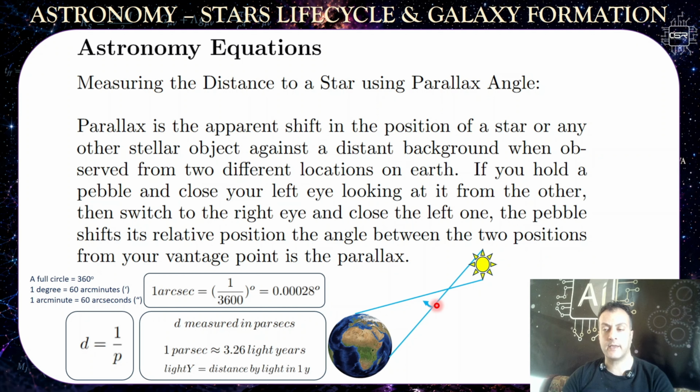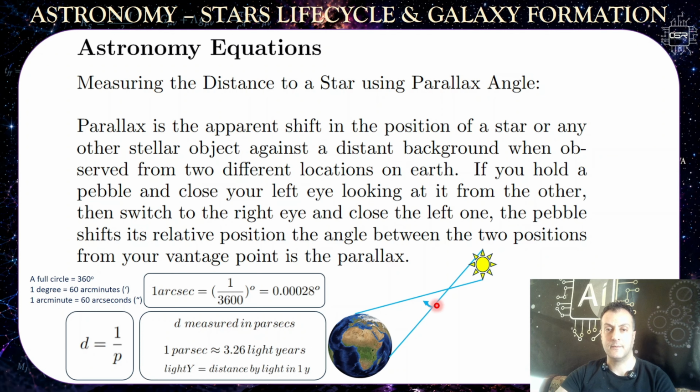From the angle, I can get, by measuring the tangent, by the way, because the tangent of the angle is equal to the opposite side, which would be the displacement of the star being observed from two vantage points on two opposite sides of the Earth.